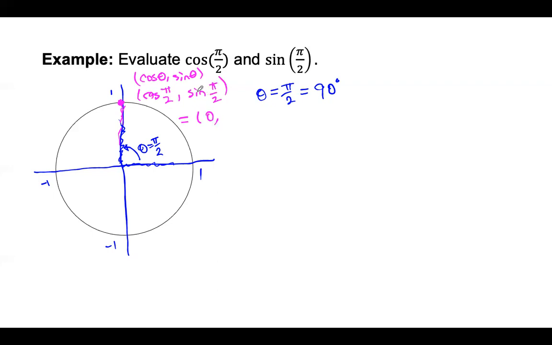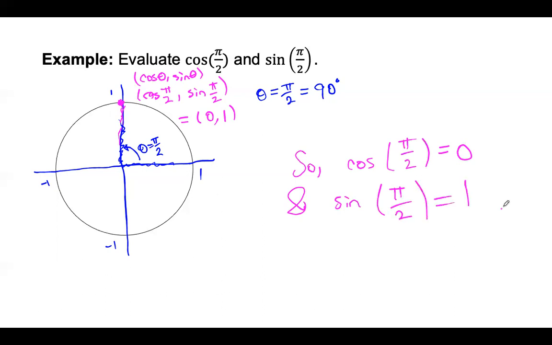And what is our sine, our y coordinate? 1, right? Perfect. So the cos of pi divided by 2 is equal to 0, because that's our x value, and sine of pi divided by 2 is equal to 1. We kind of got lucky, honestly, with these numbers, 0 and 1. It's kind of easy, hopefully not so bad.